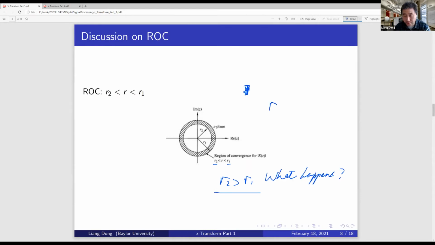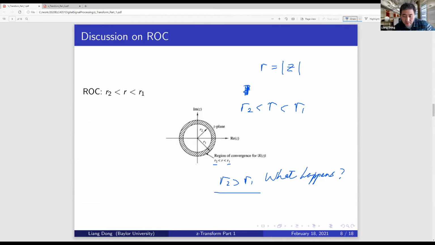What do you think? The absolute value of Z should be within this range, R2 and R1, where R is the absolute value of Z. So I'm only checking with the absolute value. So that's a circle or circles.